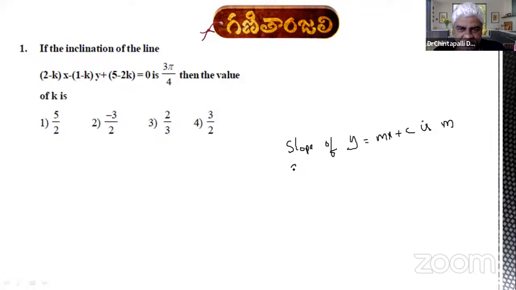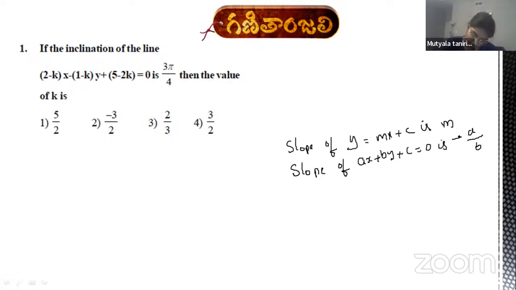That means slope of ax plus by plus c equals 0 is negative a over b. Yes, sir. There is another formula, that is negative a over b.